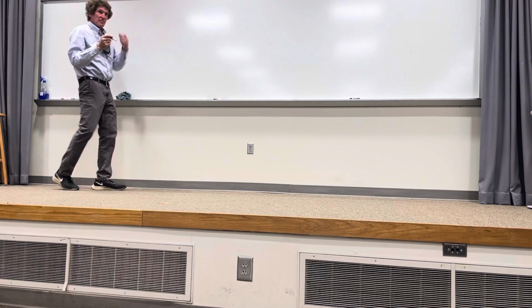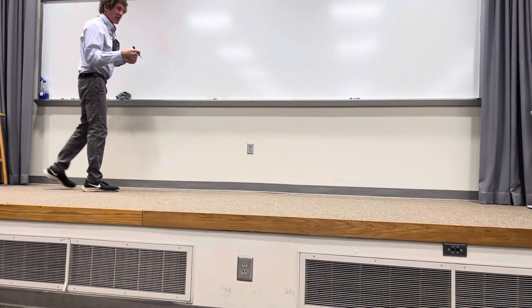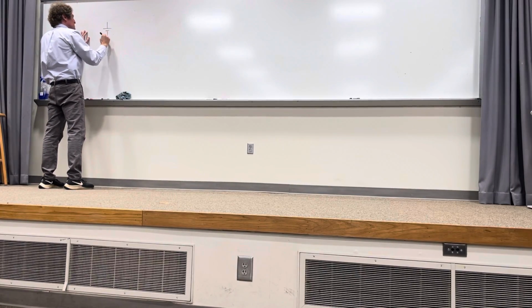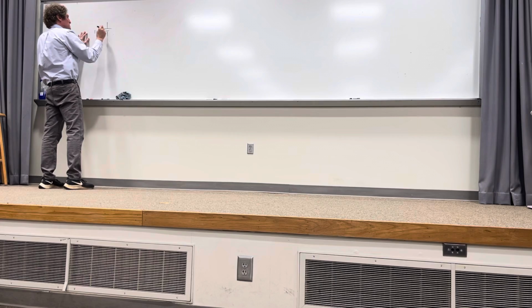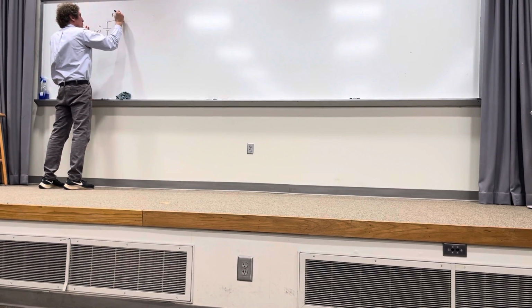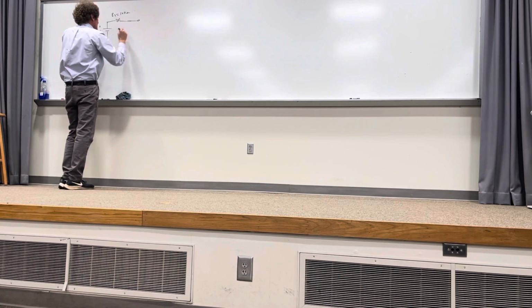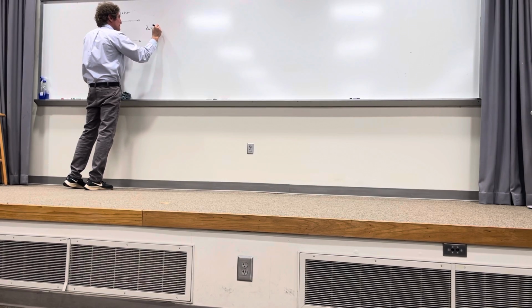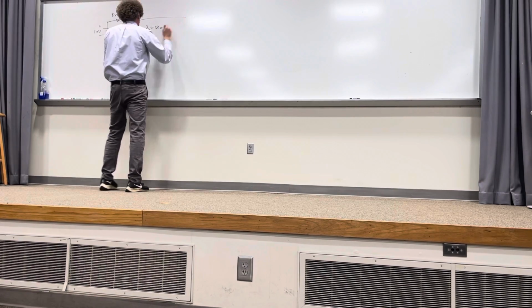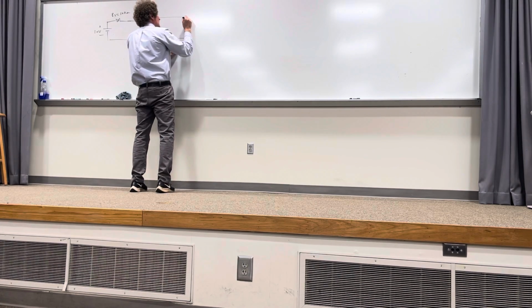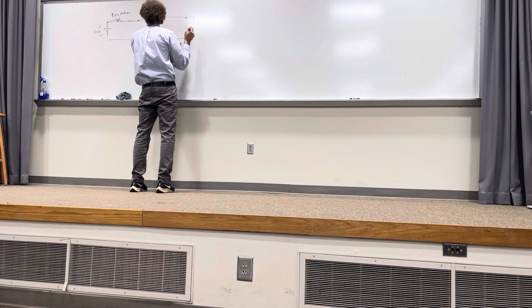So here's my fictitious, or I'll give actual values. I'm going to take a source and make the source plus or minus 10 volts. Then I'm going to have a source resistance, RS, equal to 100 ohms. Here, I'm going to have a transmission line with Z0 equal to 50 ohms. Now I'm going to have a line here, and I'm going to have a load here to be 25.